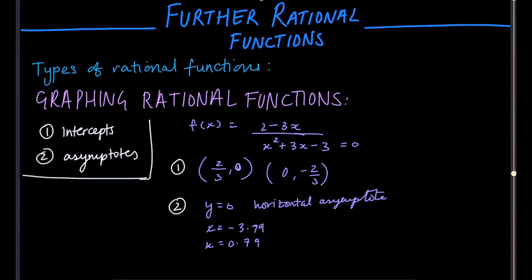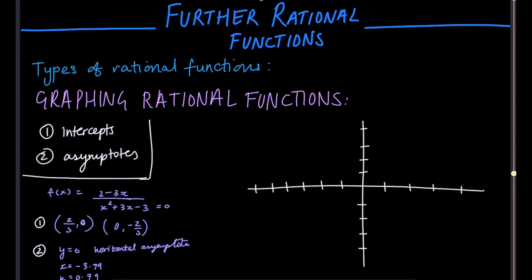And now if we put all this information on a graph, first let's plot our asymptotes. So first we have x is equal to 0.79, and we have x is equal to -3.79, and then we have our y-intercept, which is -0.67.